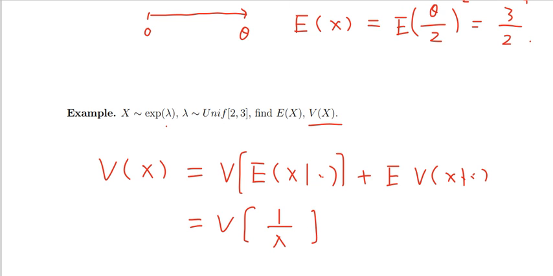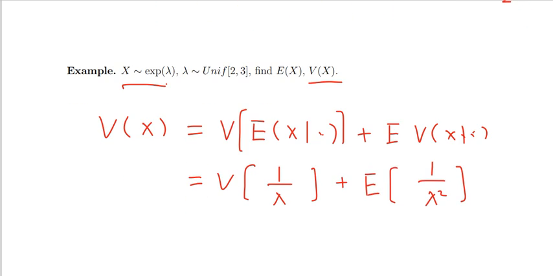And when lambda is fixed, the variance for x is 1 over lambda squared. Now we let lambda change, from 0 to 3.